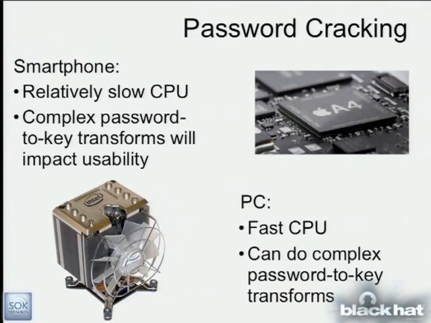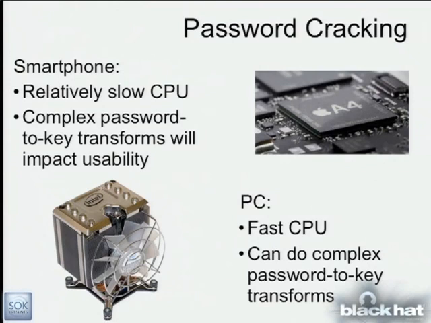The way to avoid this is to reduce the number of iterations to make this password to key transformation less complex. But at the same time, this will lead to faster password recovery attacks on more powerful platforms like PCs. So we have a challenge here.